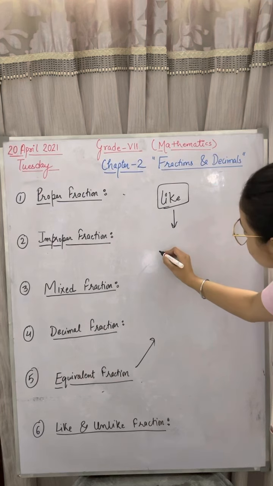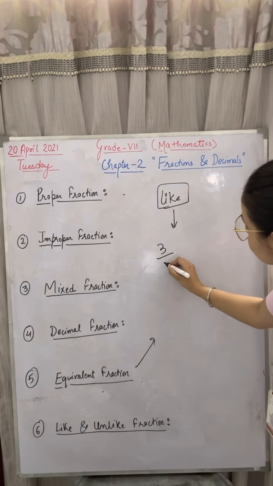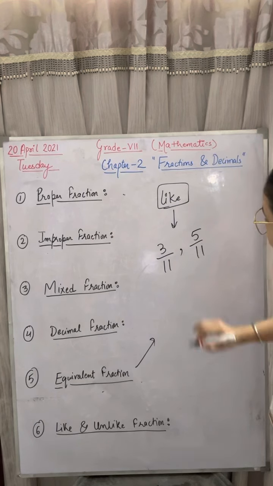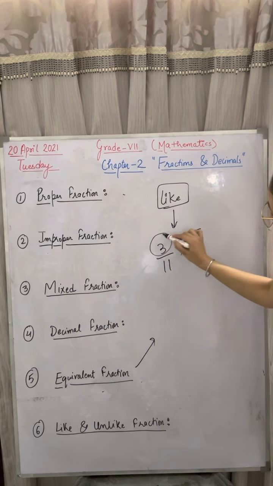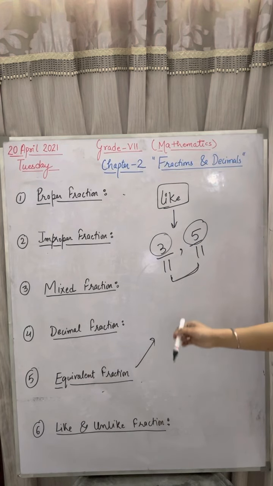Ma'am, 3 upon 11. Very good. Next, 5 upon 11, very good. The numerator can be different but the denominator should be the same. Those are like fractions. Very nice.